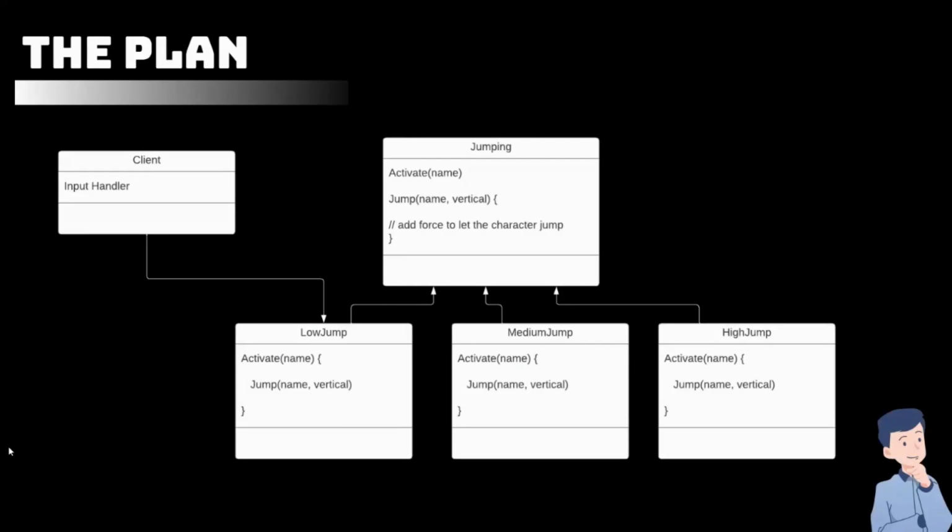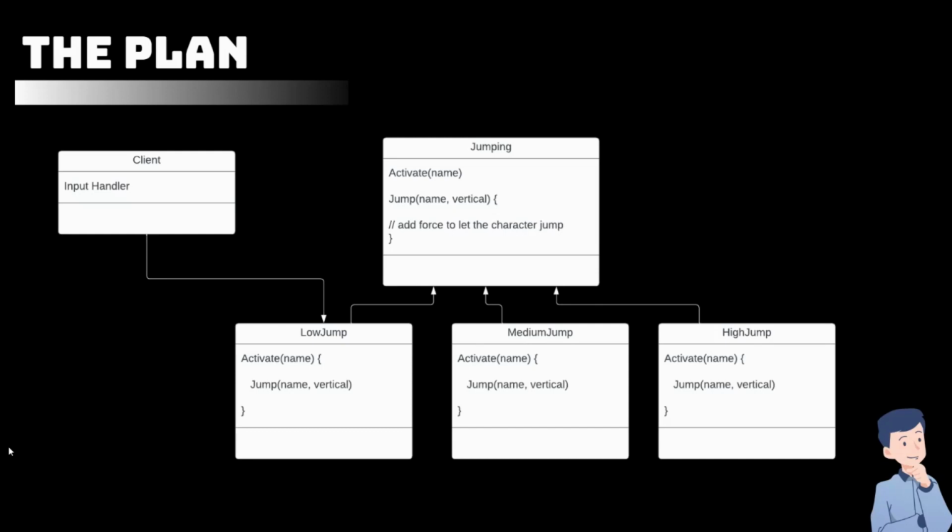And as you can see, we have 3 child classes: low jump, medium jump, and high jump. And this is how we're able to have different variations of jump. We're inheriting the jump method. We're also inheriting the activate method. And what we're doing inside the client is we're seeing whether we hit E, R, or T. If we hit E, we're going to make Homer jump.